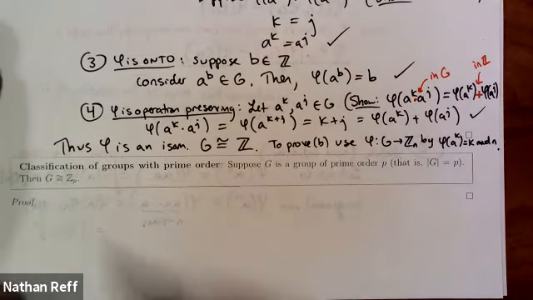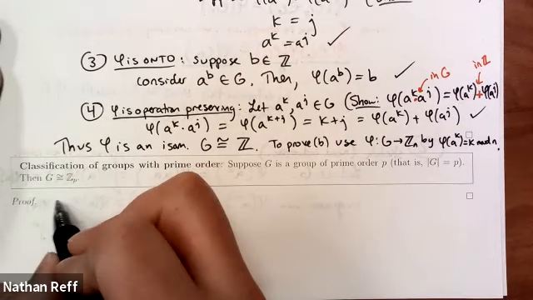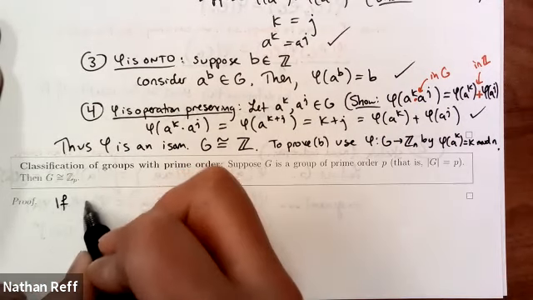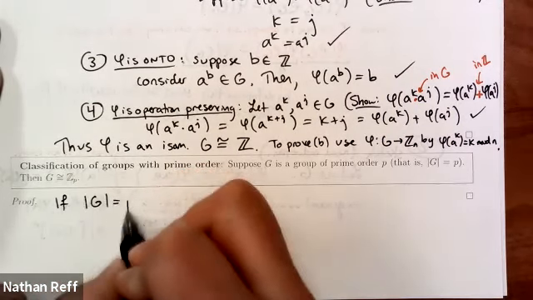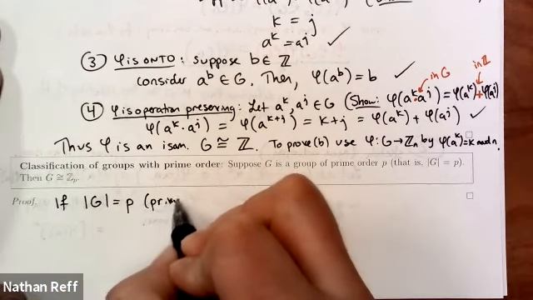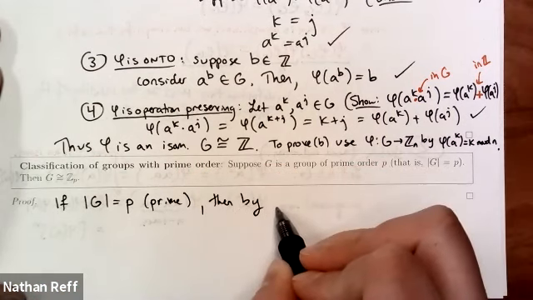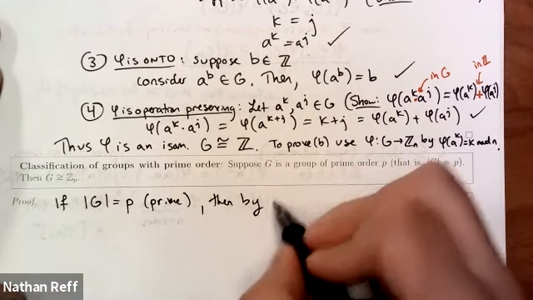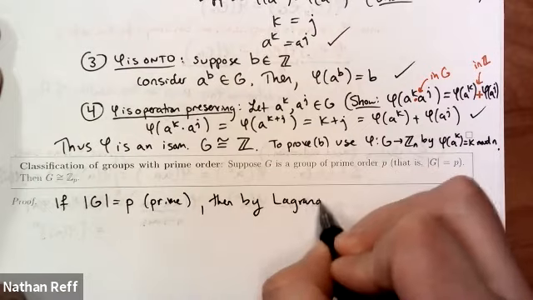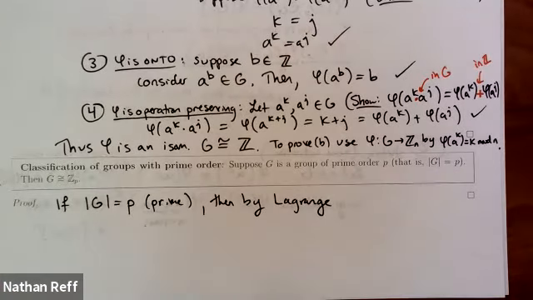Okay, so the proof is this: if the order of G is prime, then by, can you guess the name? Lagrange? Yeah, Lagrange. One of the parts of that theorem was that the group must be cyclic.